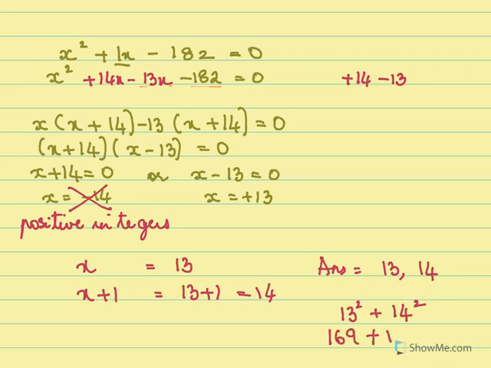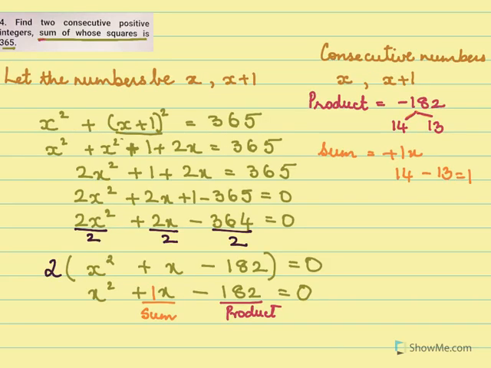So 169 plus 196 is 365. Let's just go back. See here they said sum of the squares is 365, and we have seen 13 square plus 14 square is 365.